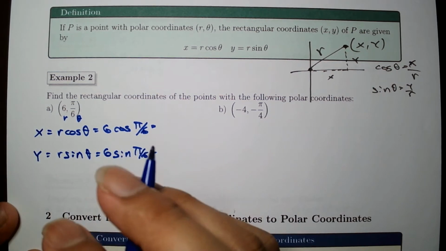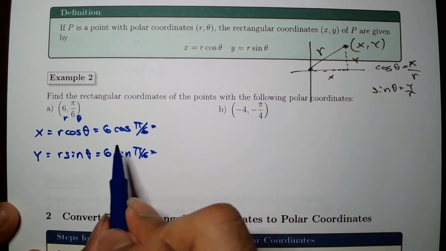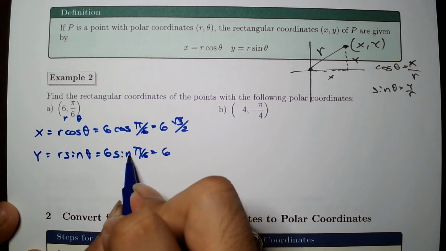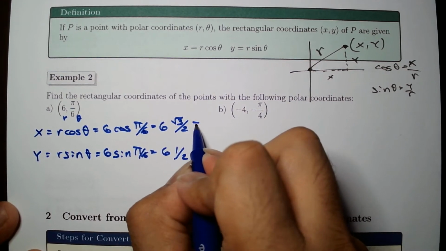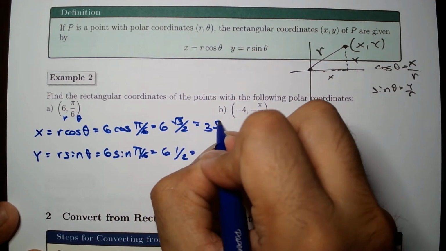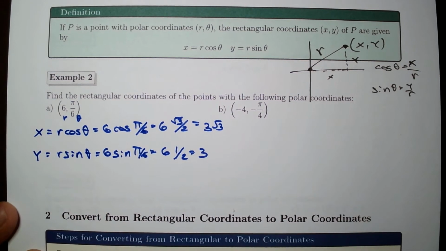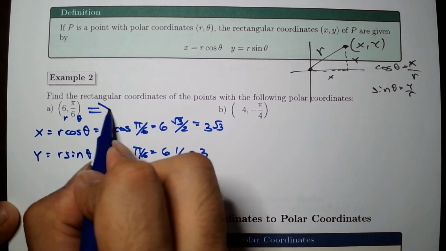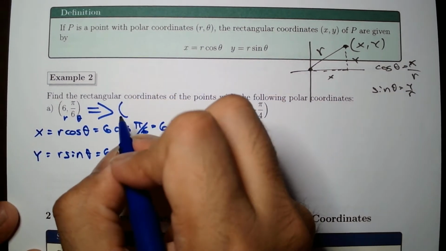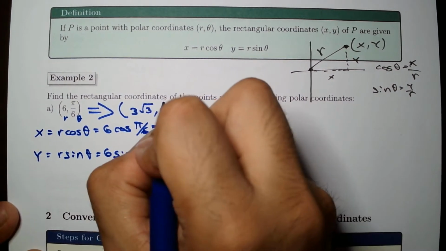We use the unit circle, of course, to evaluate these. Cosine of π/6 is √3/2, and sine of π/6 is 1/2. 6 divided by 2 is 3, so 3√3. And 6 divided by 2 is 3, 3 times 1 equals 3. In other words, (6, π/6) is equivalent to (3√3, 3).